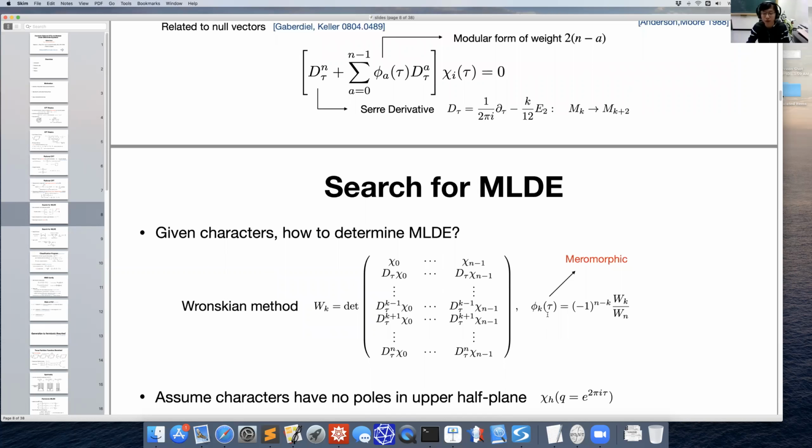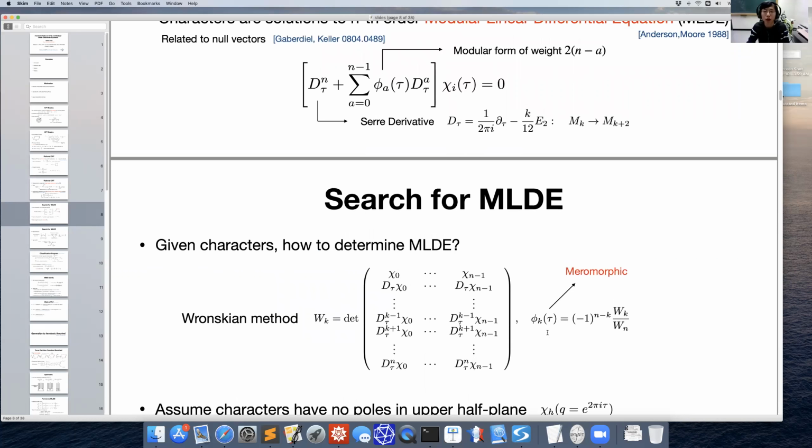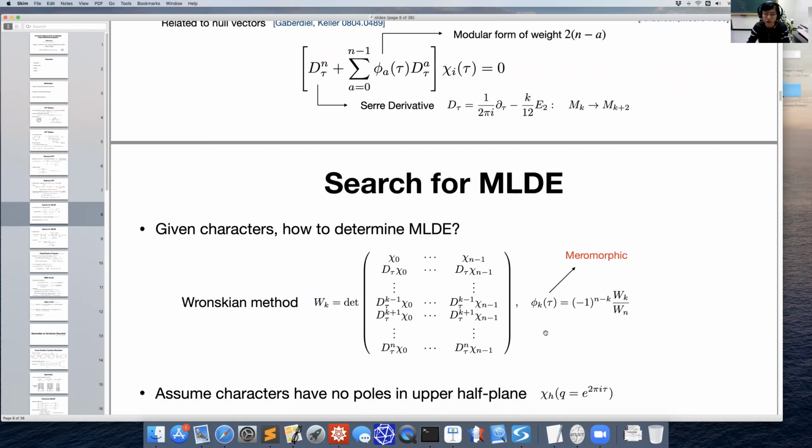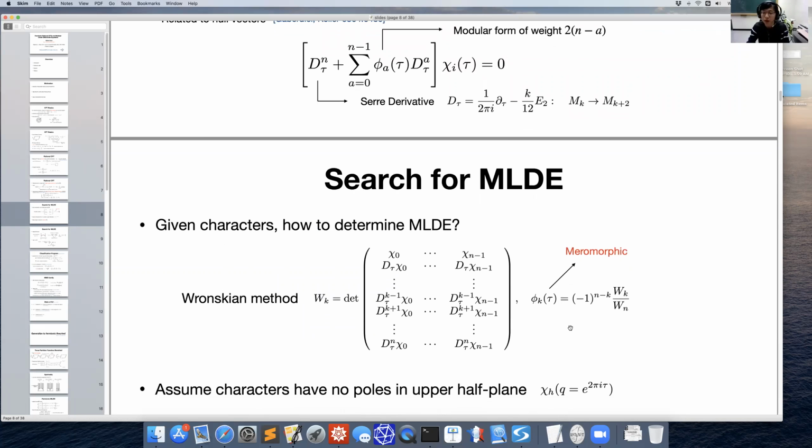And then it's easy to show that the phi_k here can be expressed as W_k over W_n. Okay, so then you may say that since we already know the structure of modular forms, this must be very simple. However, there's an important caveat, which is that here we have W_n in the denominator. So in general, this expression would be meromorphic. So we have poles on the upper half plane.